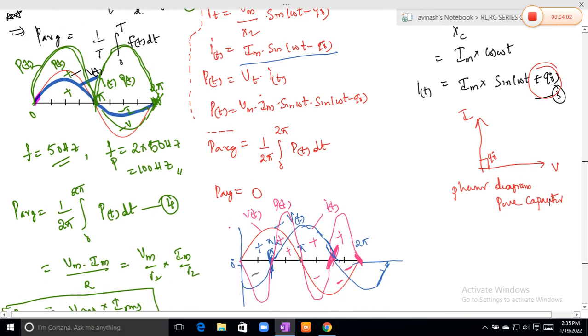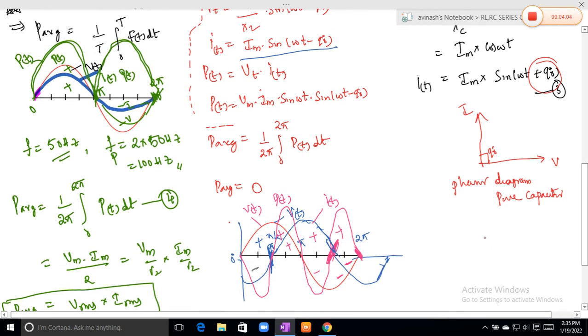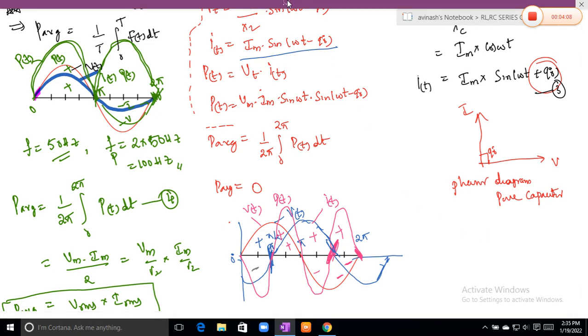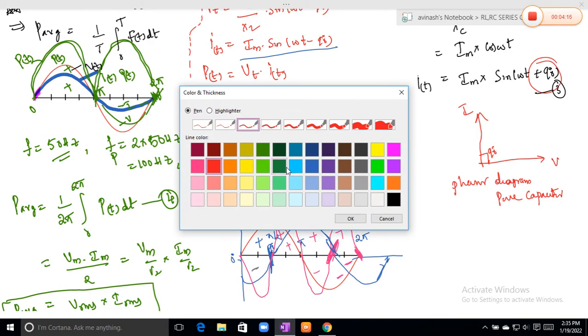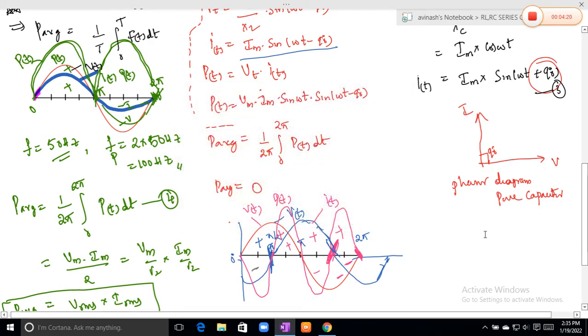In the same way, can you also draw the phasor diagram for pure inductor? If you take the voltage phasor as a reference, in every circuit I will take voltage as a reference. What is the current here? We have minus 90 degrees, lagging.